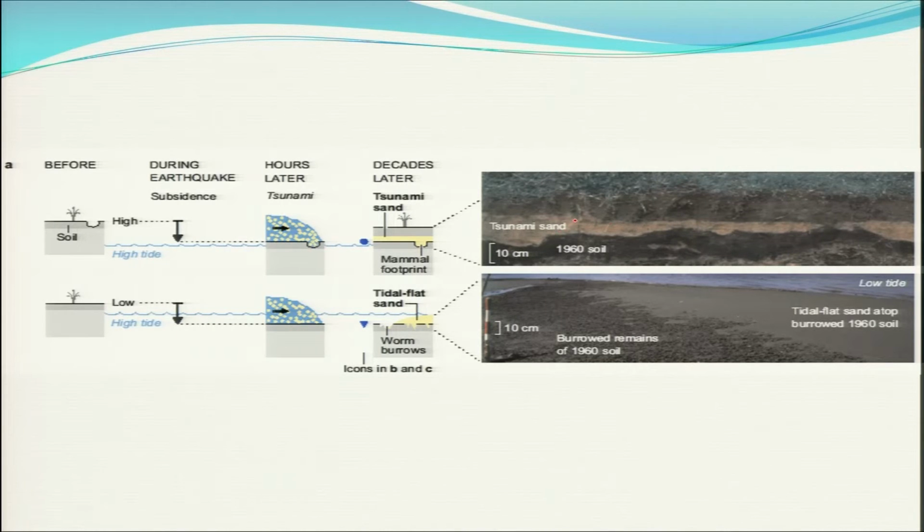during the 1960 event. The diagram here explains that before, you have soil here, then during an earthquake you have subsidence. For example, if the land goes down, this level has reached here, and then the tsunami will come. So first you have the earthquake.